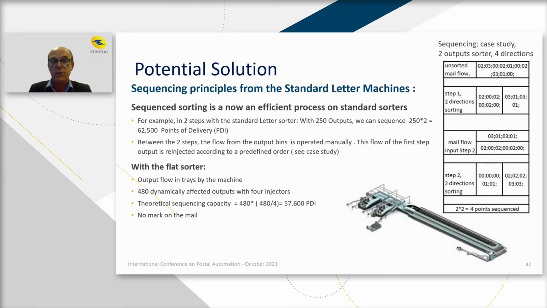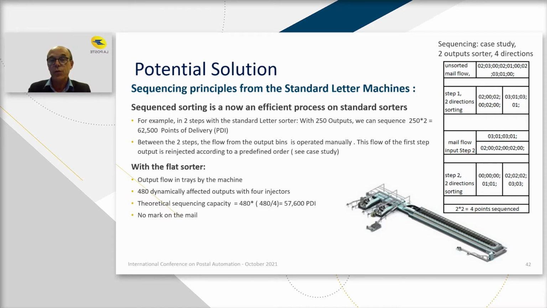Now, considering the flat sorter, let's take some time to consider its characteristics. It is a machine from Solystic, and maybe you have recognized this machine. This machine has about 450 outputs, and not 1 injector like a standard machine, but 4 injectors.